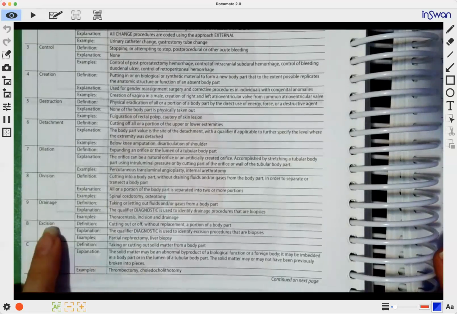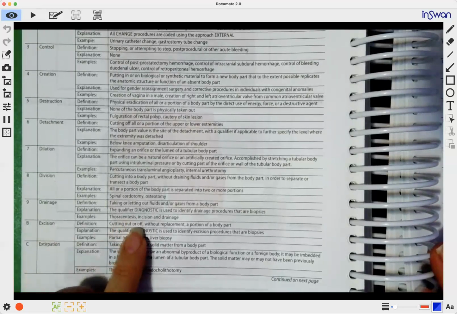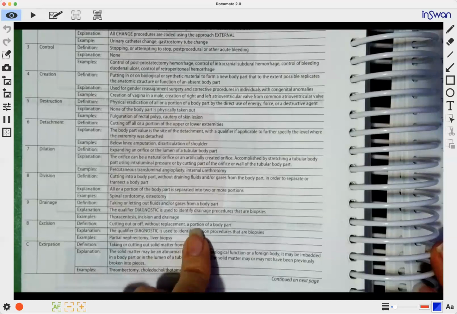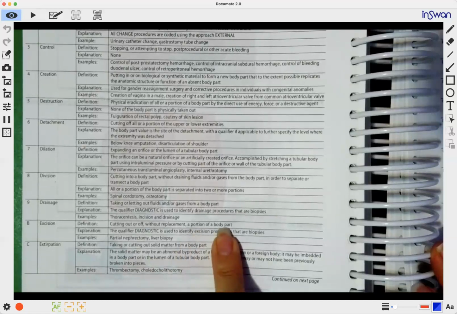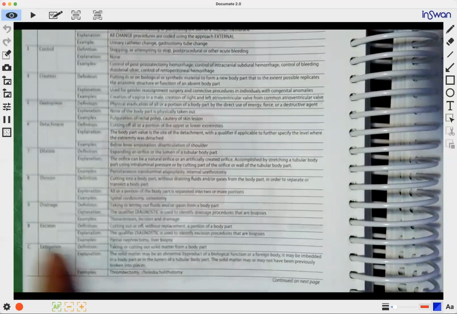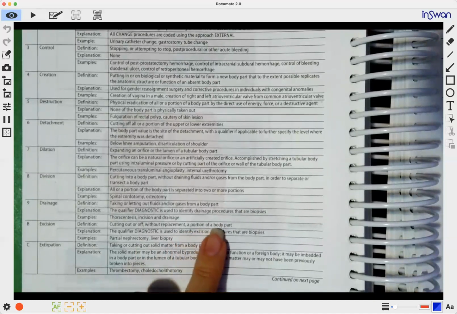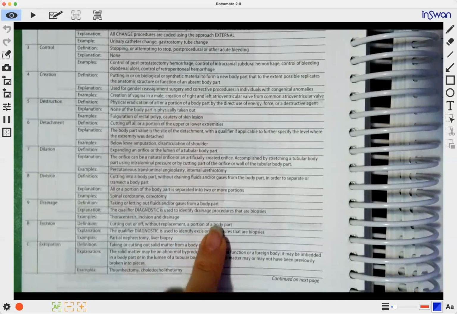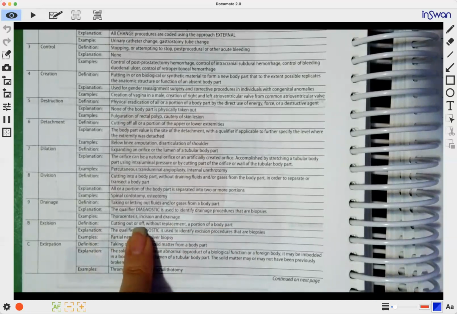That leads us next to excision, cutting out or off without replacement a portion of a body part. So I said ectomy, and ectomy means cutting out, but the difference is going to be whether it's a portion of the body part that was cut out or all of a body part that was cut out.